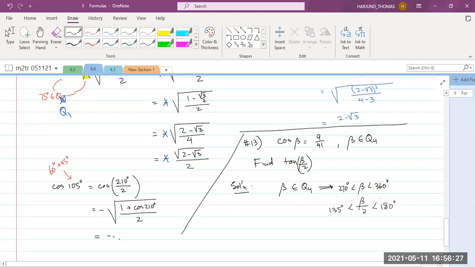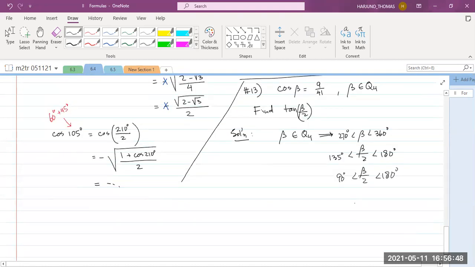So beta over 2 is between 135 and 180. Well, it means beta over 2 is between 90 degrees and 180 degrees. Is it right? I just want to say that beta over 2 therefore is in quadrant 2.